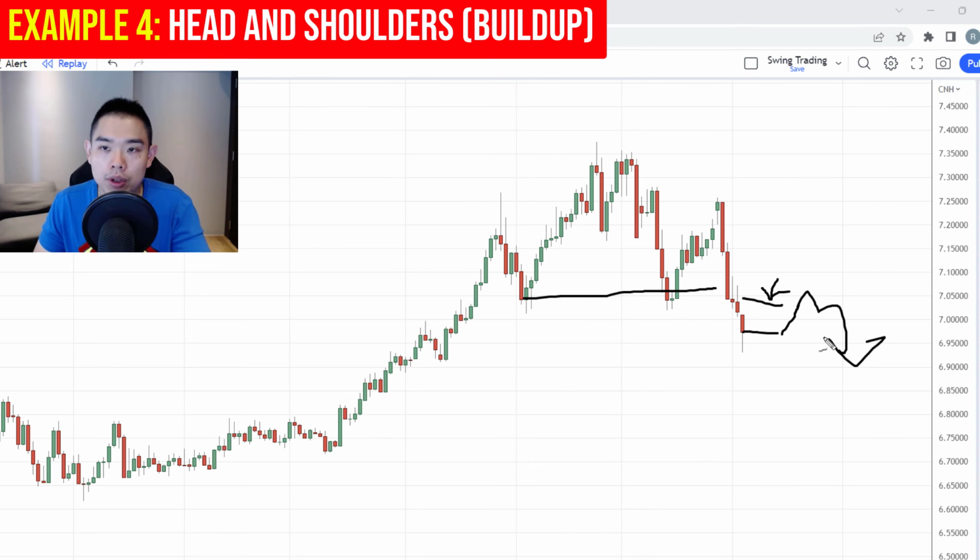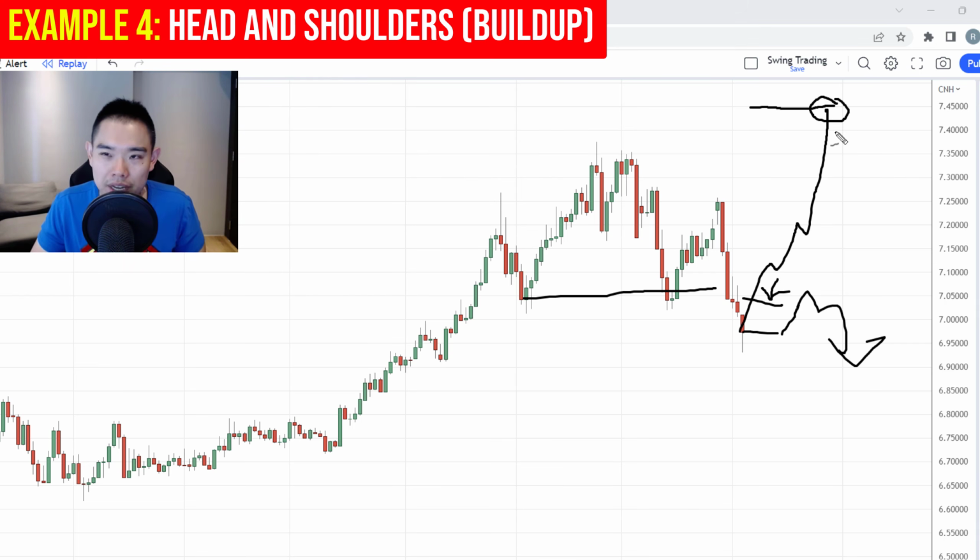If you ask me, the logical place to set your stop loss, at the point where your head and shoulders pattern is invalidated, would have to be at least at the 7.4 or 7.45 level over here. Imagine the price does rebound up higher and reaches this level.